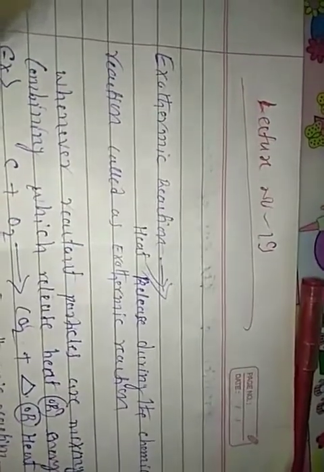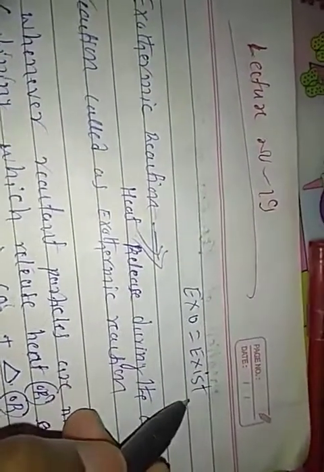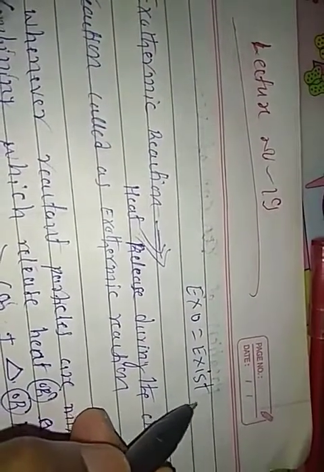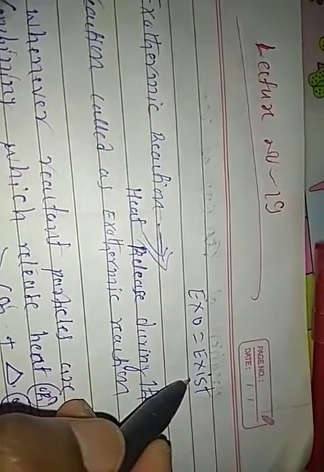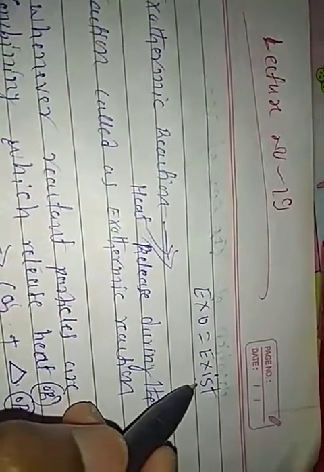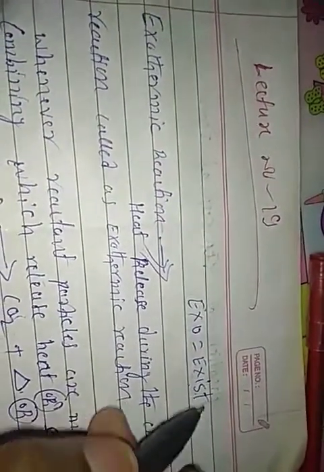Exothermic reaction. Okay students, keep in your mind that exo means exit, like the exit sign when you enter a mall or a cinema hall. Have you seen it? Exo means exit.